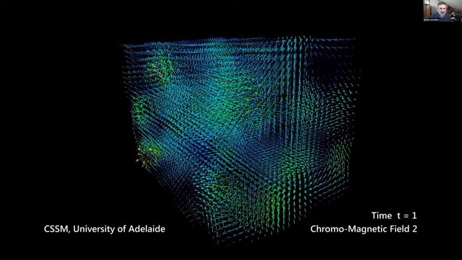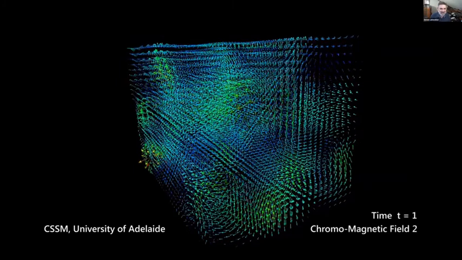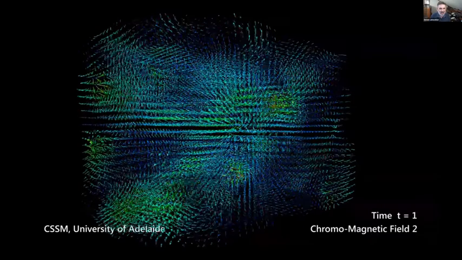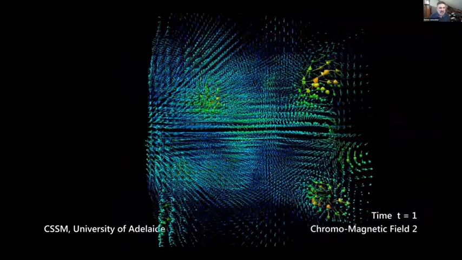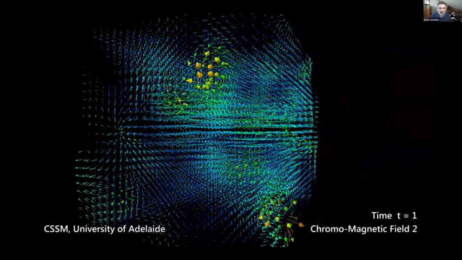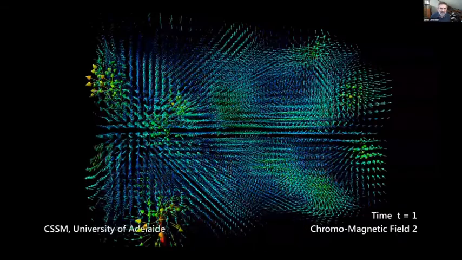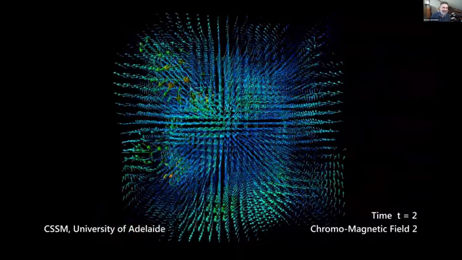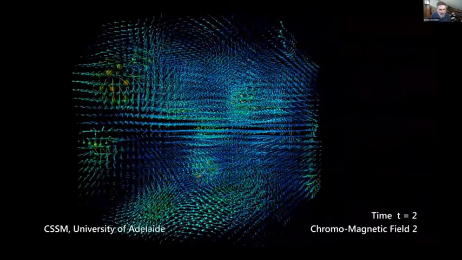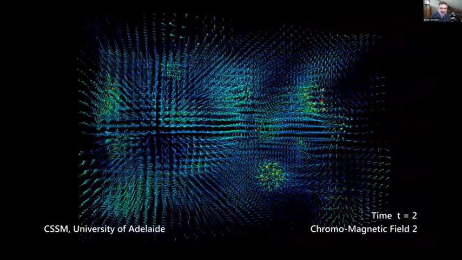I will mention that if you want to see this without the lag, half a world away, you can go to YouTube and the videos are there. Just do a Google search for CSSM visualizations with an S in the Australian standard. So this field, we're having a look at it.